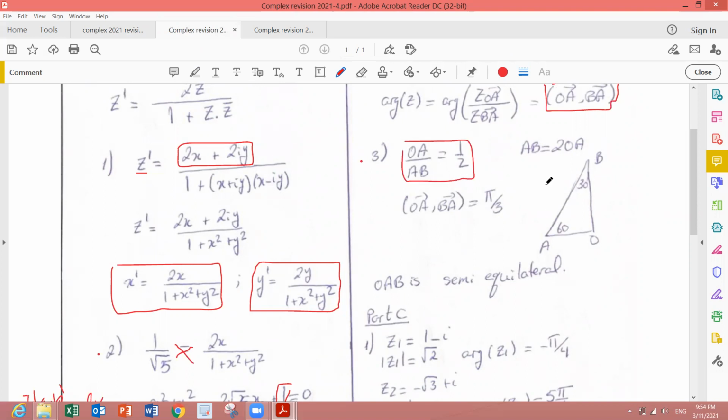It means that AB equals 2 OA, and the angle (AO, AB), if we reverse the two we get the same angle, equals pi over 3, which is 60 degrees. This is 60, and OA equals half AB. So triangle OAB is a semi-equilateral triangle.